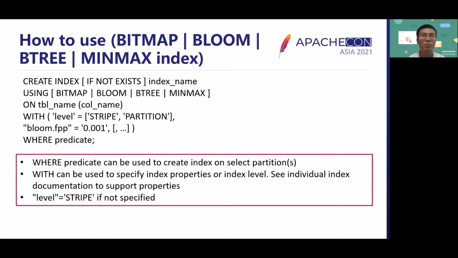For example, for the Bloom filter index technology, we can use bloom.fpp to indicate the error rate of the Bloom filter. We also support other heuristic index technologies. You can refer to the individual index documents for supported properties on our openLooKeng website.